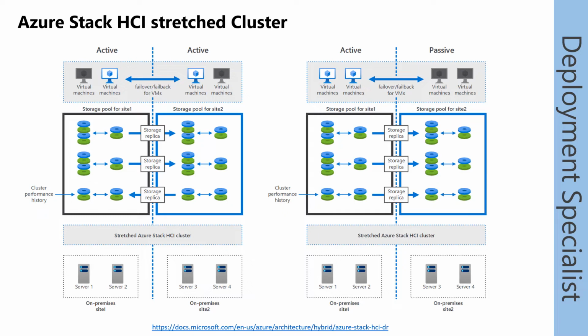A stretch cluster can be active-active, and a stretch cluster can be active-passive. What's important to see, we have in a stretch cluster 2 storage pools. A stretch cluster is one cluster. It's one cluster with minimum 4 nodes.